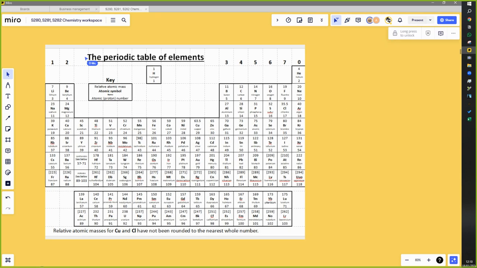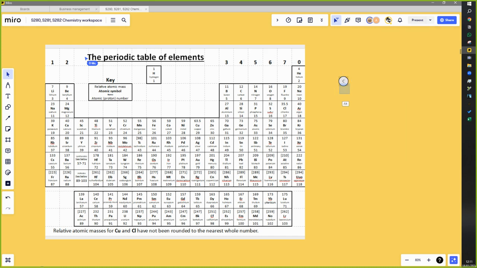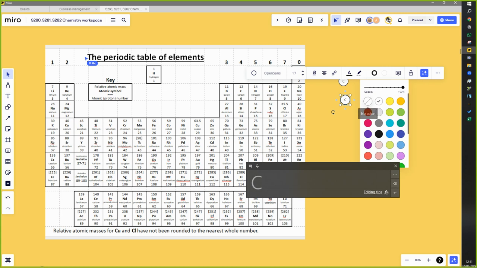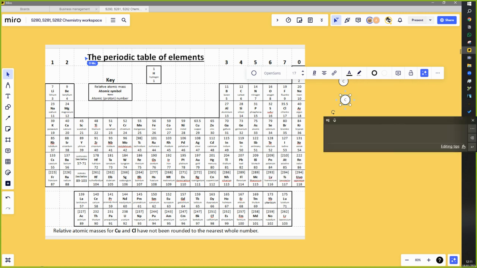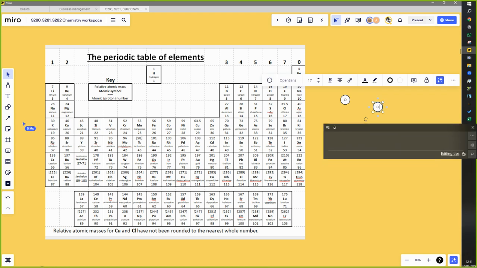So, for example, what we'll do is represent an atom with a circle for the moment, and we'll say that that is my carbon atom. Okay, and then we'll do an oxygen atom. Okay, and then we'll do a hydrogen atom.